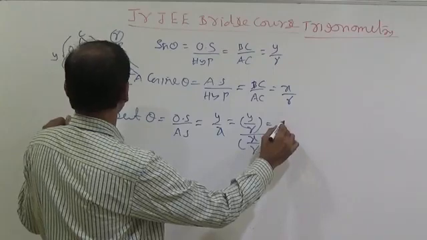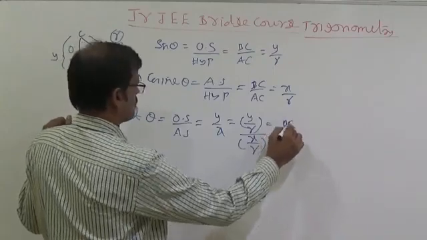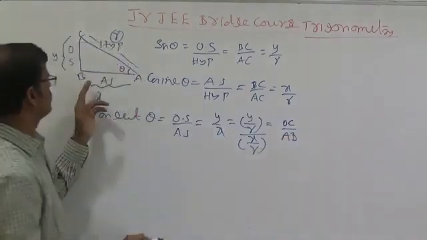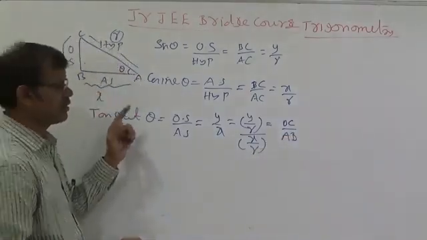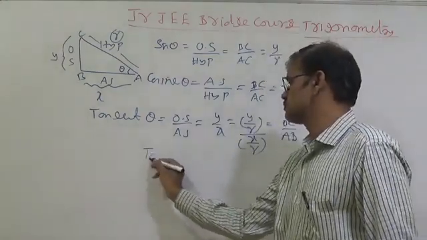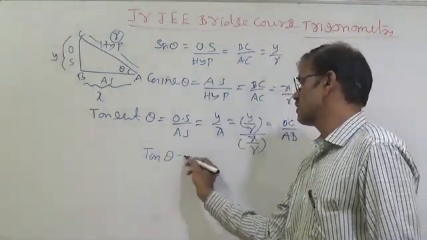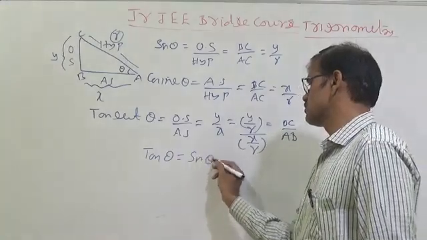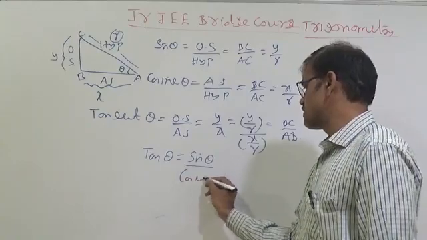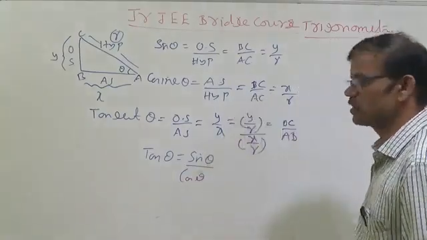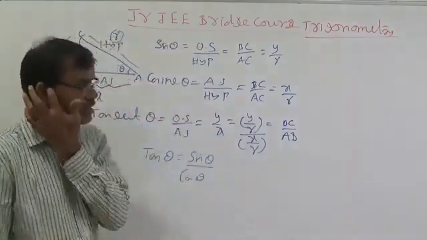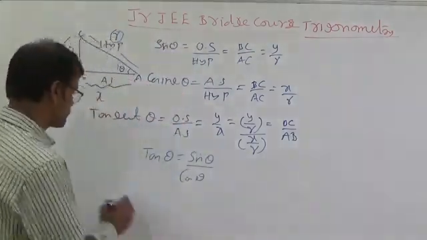In the notation you can write BC by AB, that is equal to BC by AC divided by AB by AC. So tan theta is equal to sin theta by cos theta, because sin theta is equal to y by r and cos theta is equal to x by r. These three trigonometric functions are fundamental trigonometric functions.